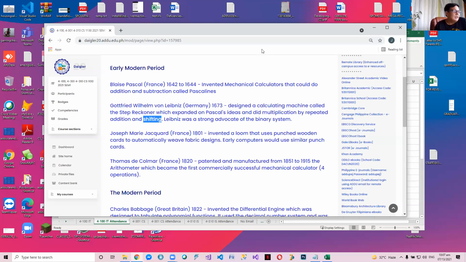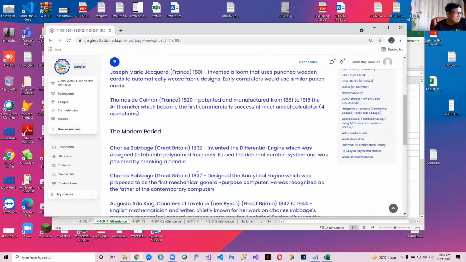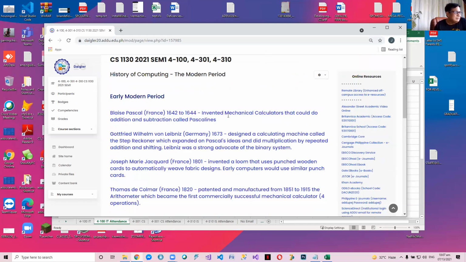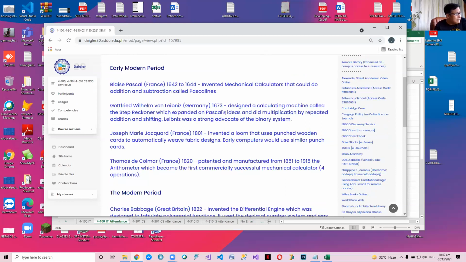Okay. So the next significant improvement is in France. See, France again, France, Germany, and later we'll have Great Britain, England. Great Britain is England, Scotland, and Ireland.